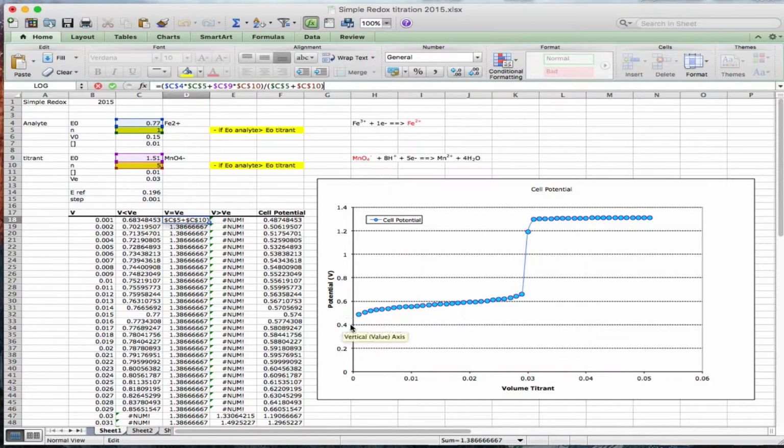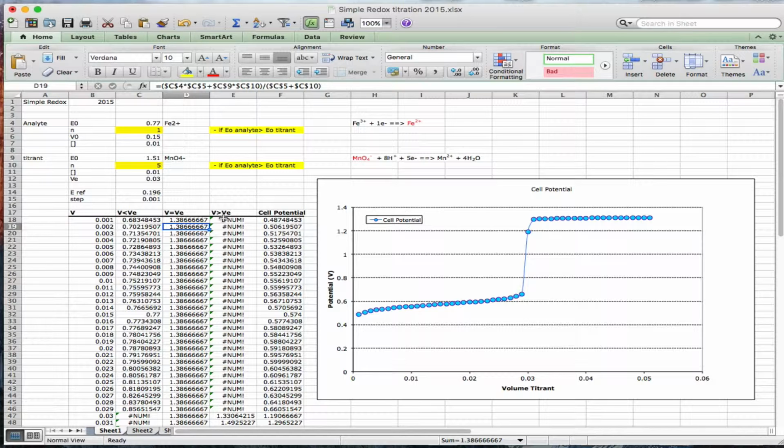So that's here. So for equivalence, we're coming along like so. Halfway to equivalence, the potential is equal to 0.77 volts minus E ref. At equivalence, it's going to be the weighted average of the two reduction potentials minus E reference.